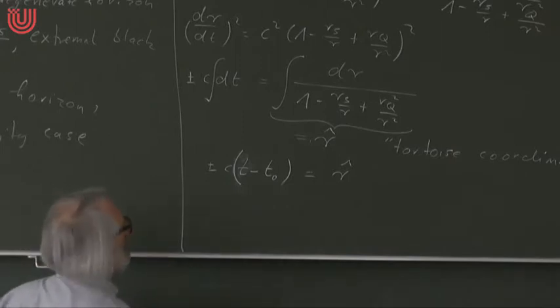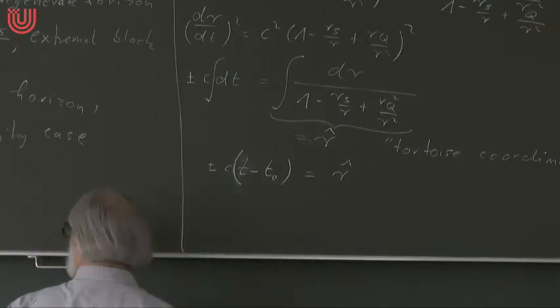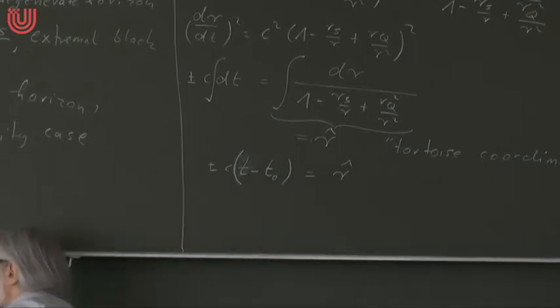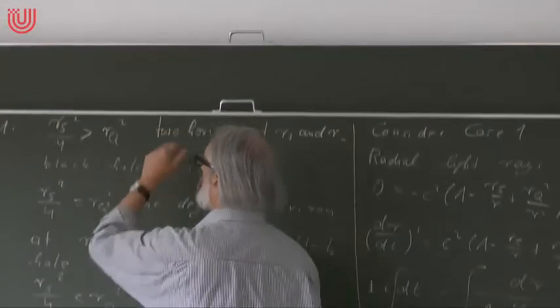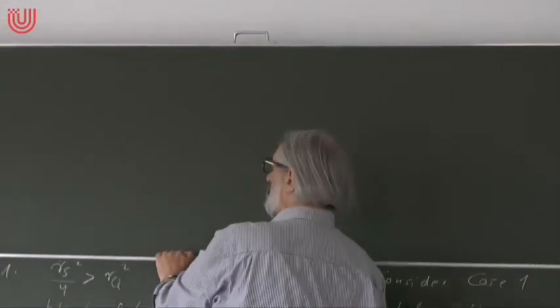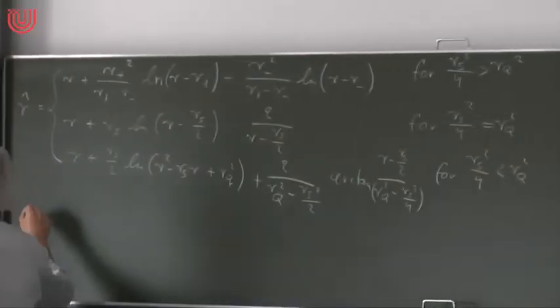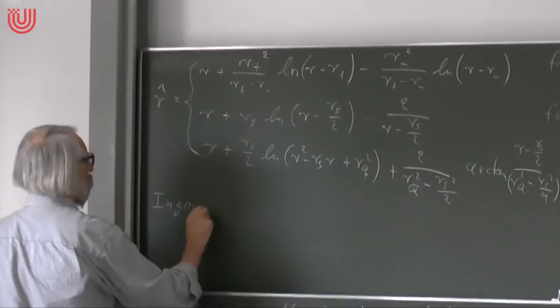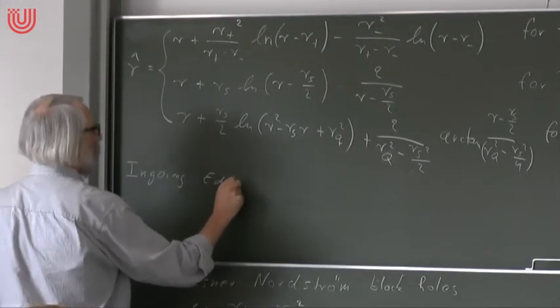And now we introduce Eddington-Finkelstein coordinates in the usual way. So we just modify our time coordinate in such a way that one of the two families is mapped onto straight lines. And I do this because I'm interested in black holes, not in white holes. I'm doing this for the ingoing case.